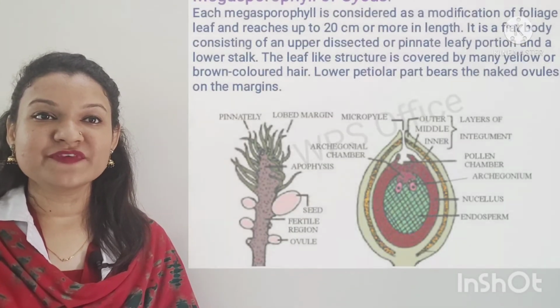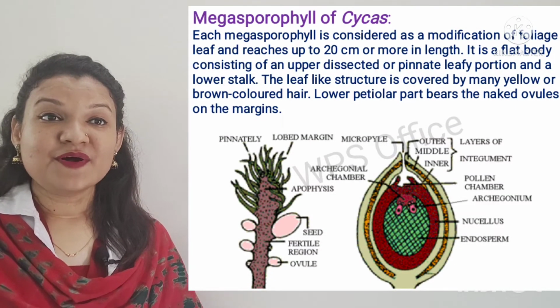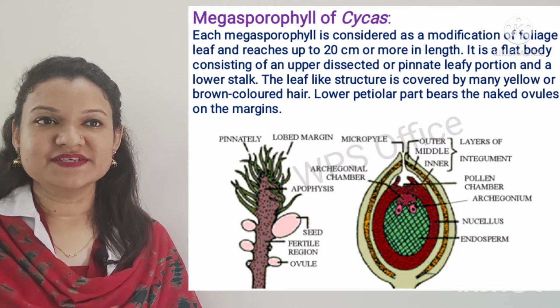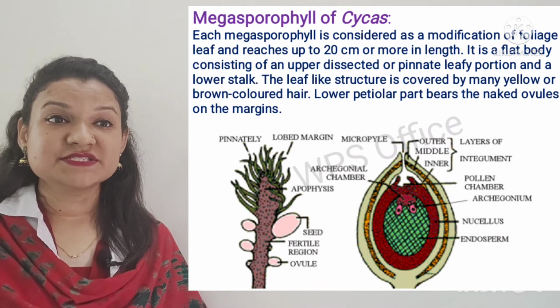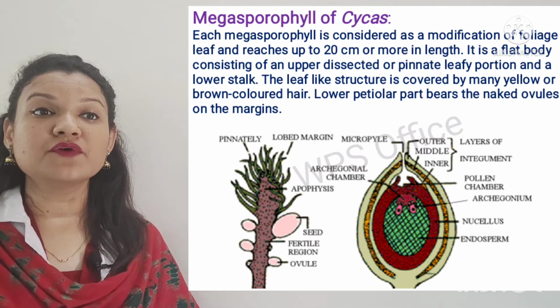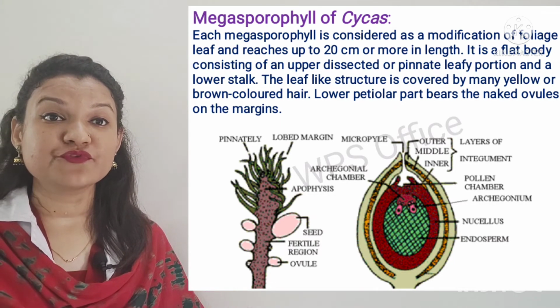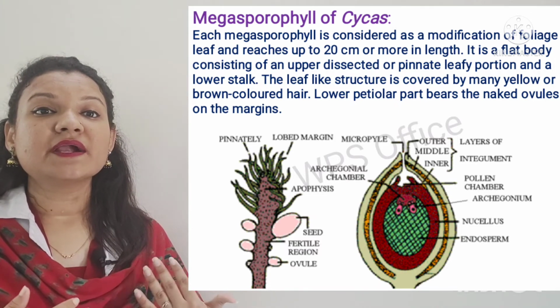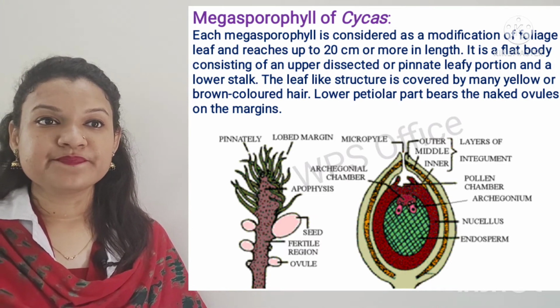Now I will describe the megasporophyll of Cycas, that is, our female reproductive organ. The female plant does not produce definite cones. A whorl of spirally arranged megasporophylls arises around the short apex.